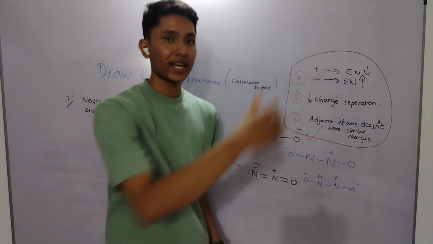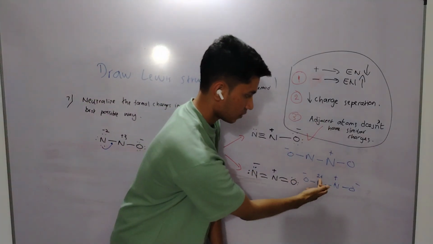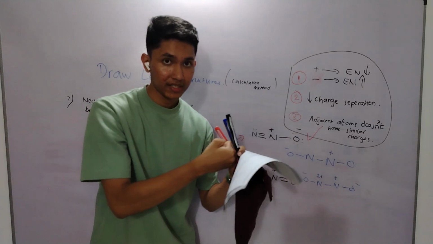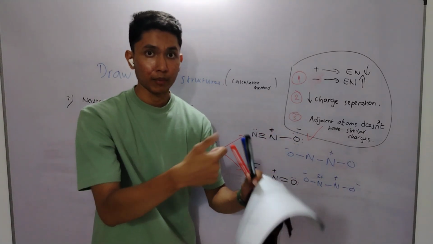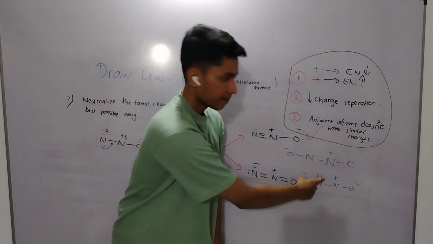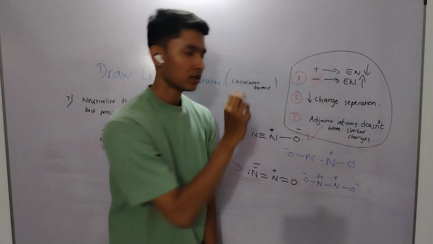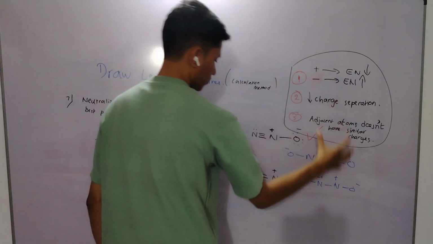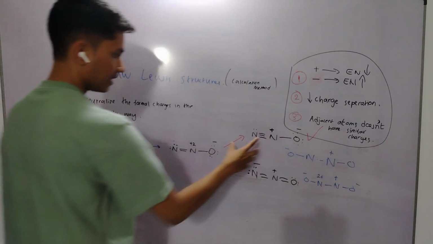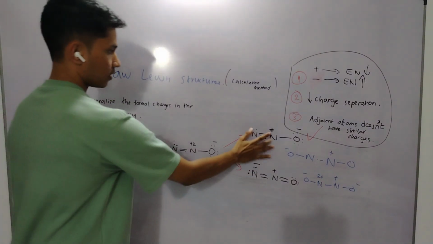I will explain later again. Remember this. What I mean is, if there are two similar charges on adjacent atoms, the structure is not stable. So this one is stable, because the two adjacent atoms don't have similar charges.